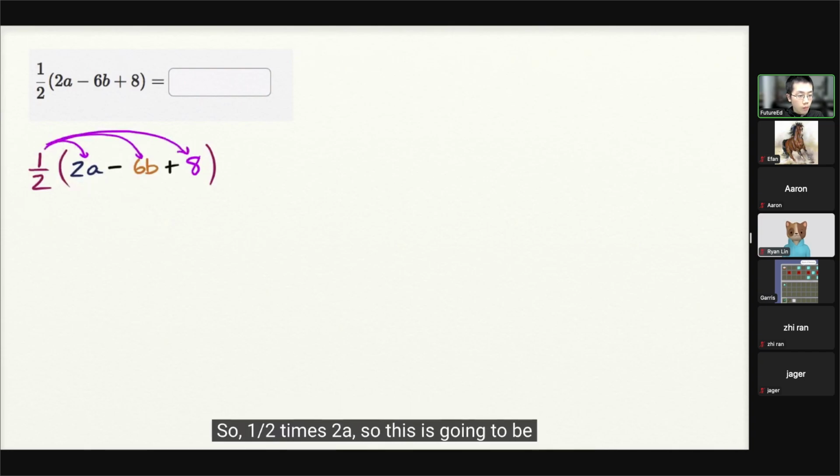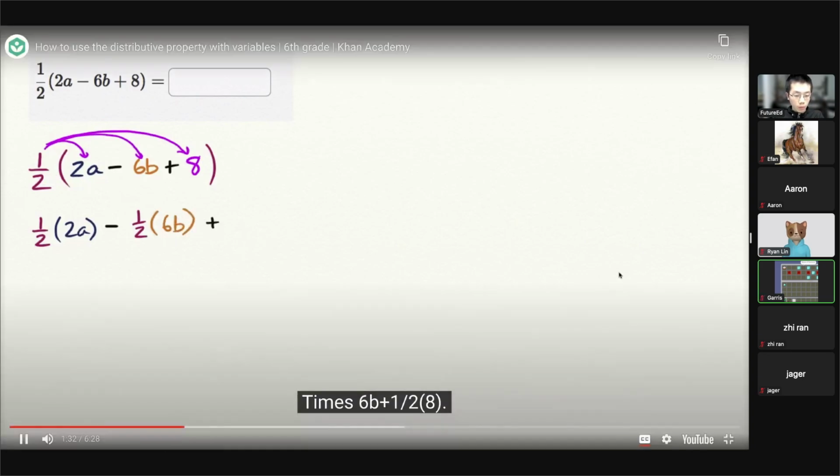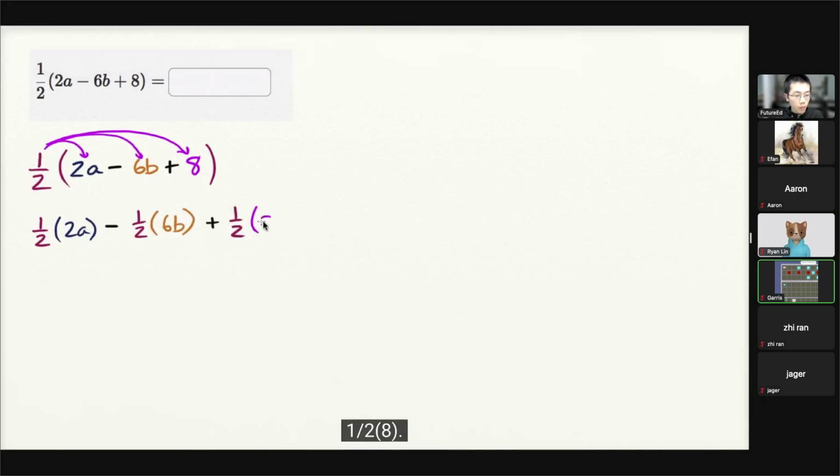So 1/2 times 2a, let me do that same color so you see where the 2a came from, minus 1/2 times 6b plus 1/2 times 8.